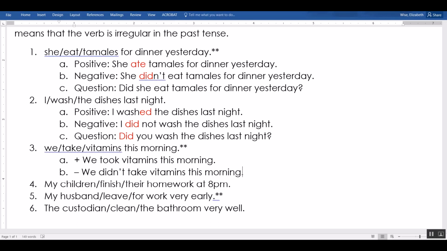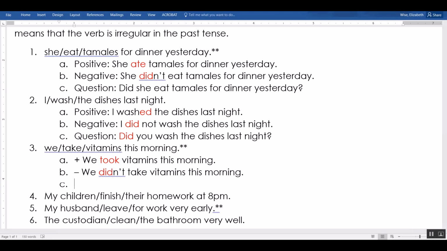So look, the past of take is took. In the negative, we didn't, there's our past, take vitamins this morning. So this verb is going to be in the present. And then the question would be, did we take vitamins this morning?